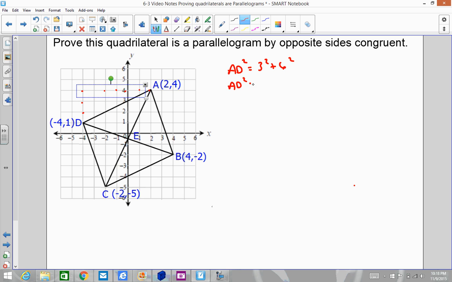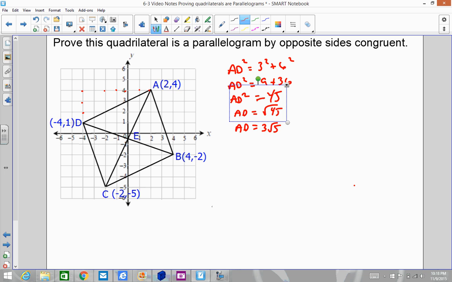So AD squared is equal to 9 plus 36. So AD squared is equal to 45. And so AD is equal to the square root of 45, which means AD is equal to 3 square root of 5.